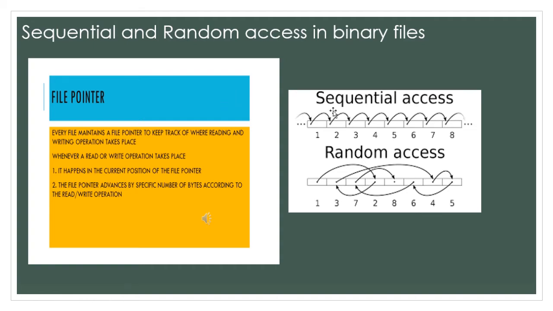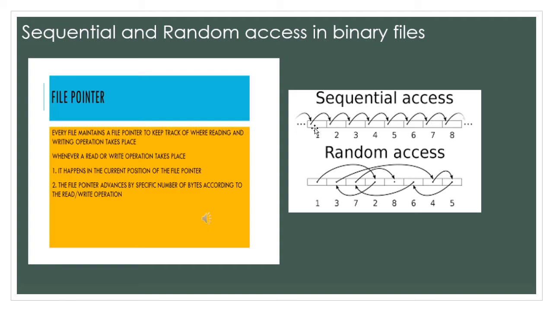So now what is sequential access? We know that in a file we always move from the current position by the required number of bytes sequentially. For example, when a file is opened in read mode, the pointer will be placed at the beginning of the file, that is the 0th byte.